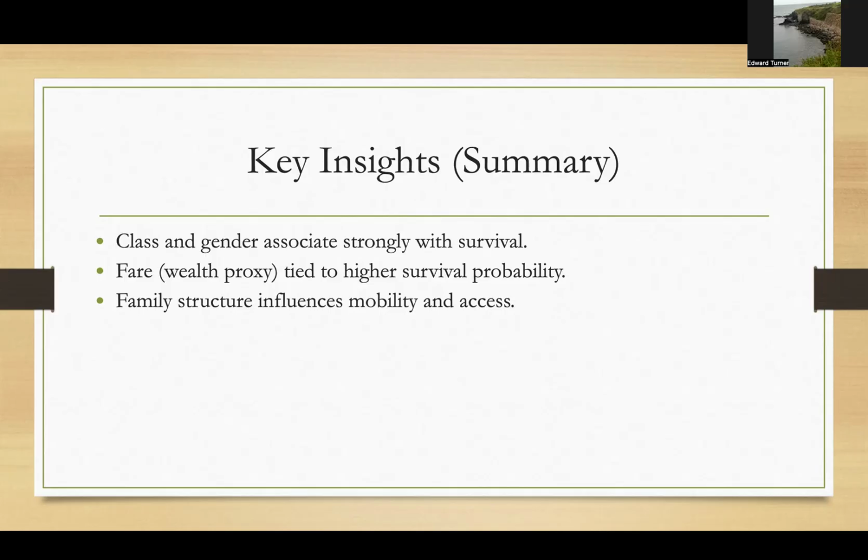We also have fare, which is a wealth proxy that's tied to high survival probability. And we also have family structure influences that would influence, again, the mobility axis. So women and children are prioritized from a family unit perspective over the male, the husband. So we have that consideration as well.